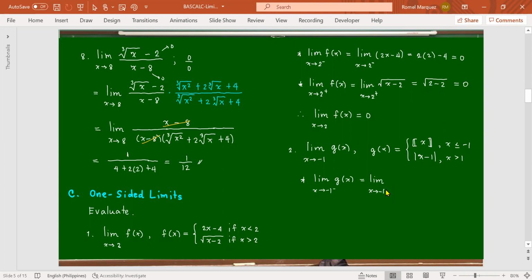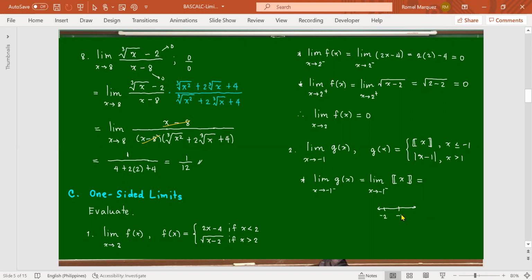Greatest integer, right? Yes po. Am I correct? O kung from the left daw ng -1, ano yung mga nasa left ng -1 na nasa neighborhood niya?